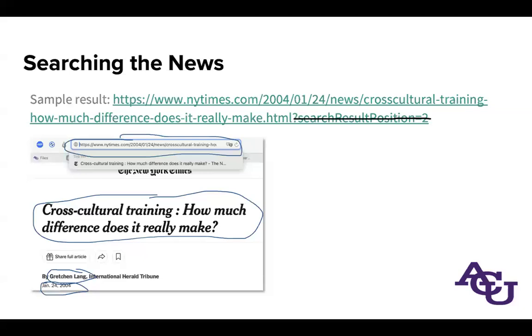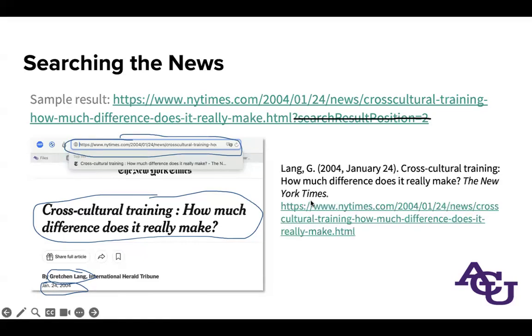And if you're using a search engine, sometimes it'll attach search results at the end after .html that we can take out, because that's just referring to the search process rather than being part of a direct link to the article. It doesn't hurt you to have that in terms of finding it, but because it's not essential to accessing the article, we like to take that out because APA style emphasizes conciseness.